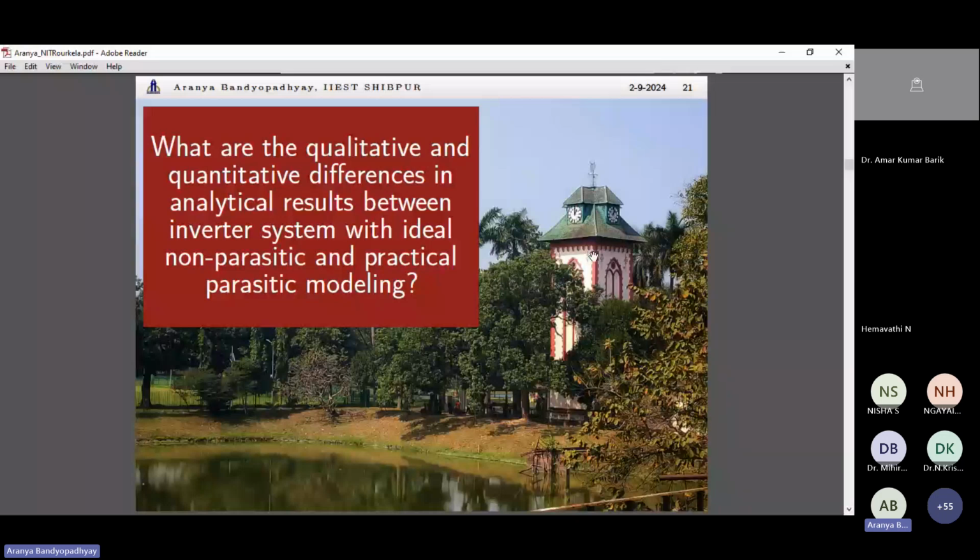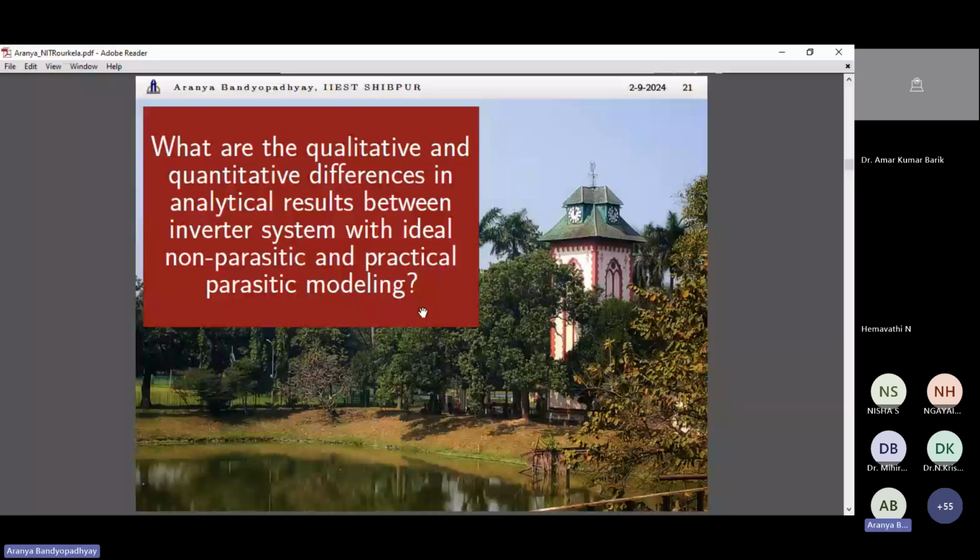The qualitative term is more important from a scientific viewpoint, and the quantitative term is more important from an engineering or technical viewpoint, I would say. These are the differences in analytical results between inverter systems with ideal modeling and practical modeling, that is, non-parasitic and parasitic modeling.